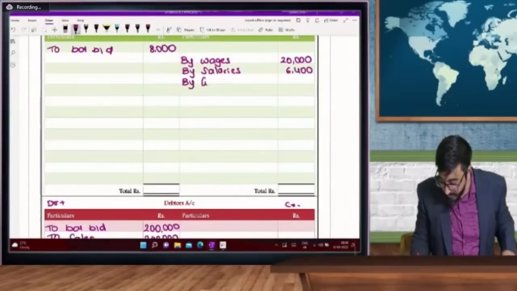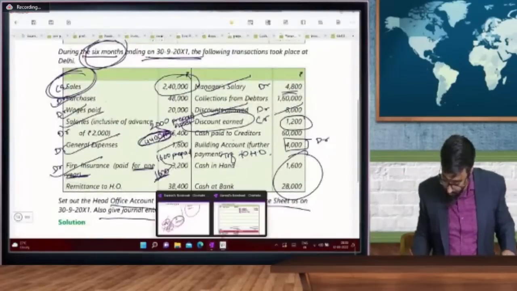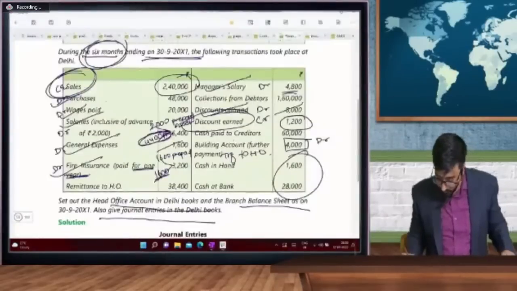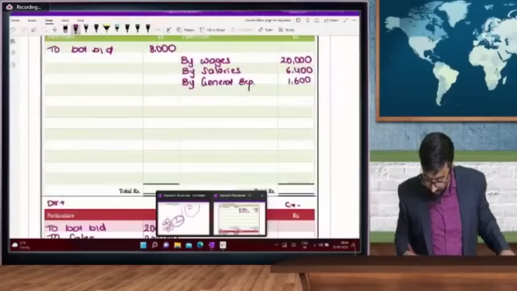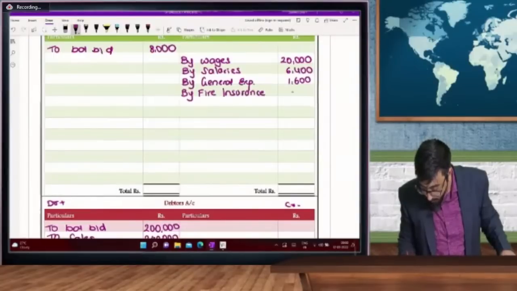Now by general expense, 1,600. Then by fire insurance, we paid fire insurance 3,200.